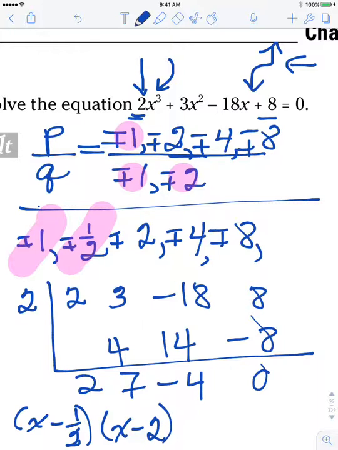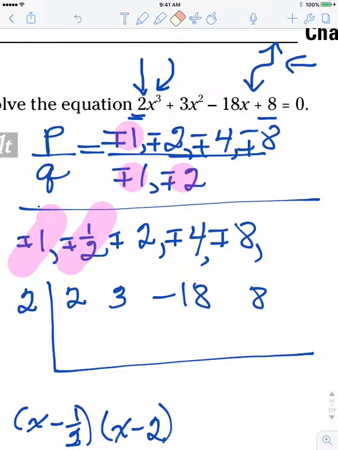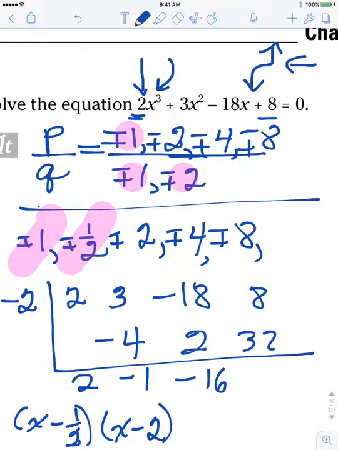Okay. And you know what, too? If 2 works, odds are -2 is not going to work. But let's see. Let me erase. I'm going to bring down the 2. 2 times -2 is -4. -1, positive 2, -16, and -16 and 2 is positive 32, so that's going to give me a remainder.